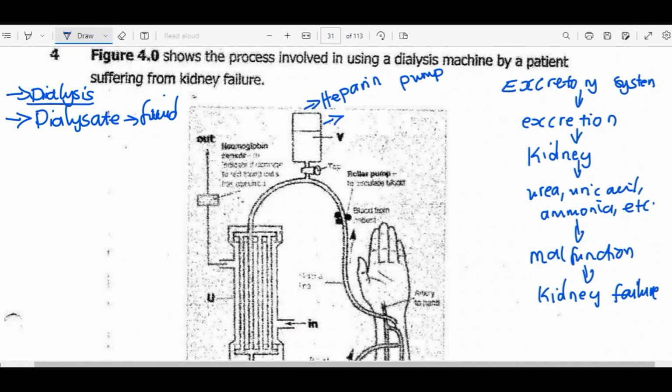The function of this fluid is to make sure that the blood does not clot, so we can say to prevent blood clotting. If a clot is made inside these tubes, the blood will not be able to move, and we know that without the movement of blood, life is not possible.